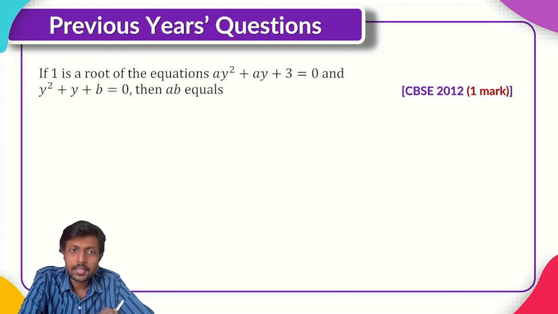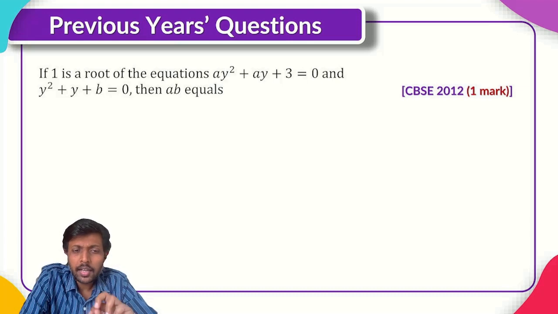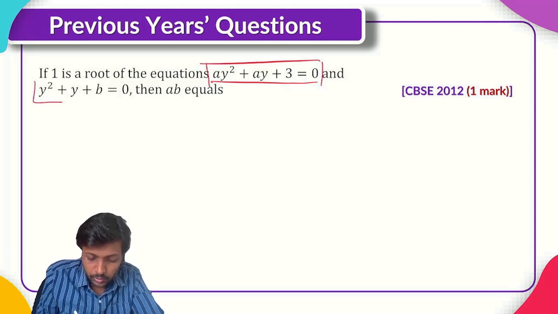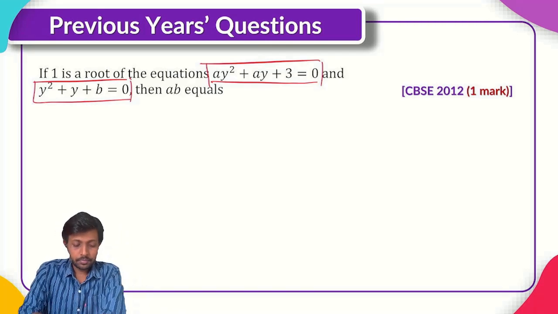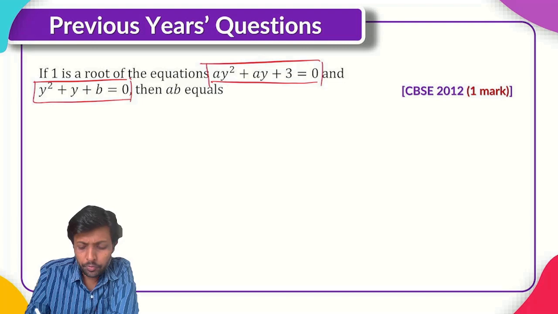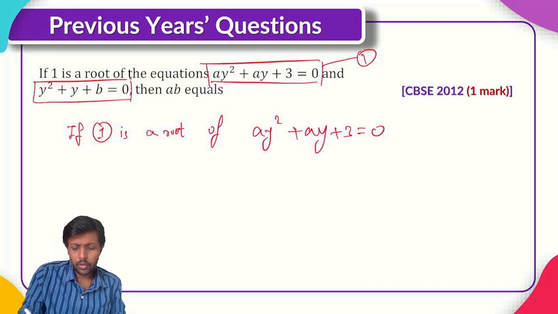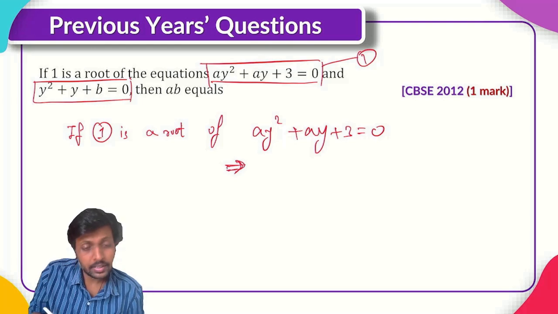All right, let's look at this solution now. If 1 is a root of both these equations, then we have to find the value of a, b, or a into b. So if 1 is the root of both of these equations, you can see that this is an equation in variable y. Yes, this is also an equation in variable y. I hope you can identify the variable here. If 1 is a root of equation number 1, that means I can put the value of 1 in place of y and the equation will still be satisfied.